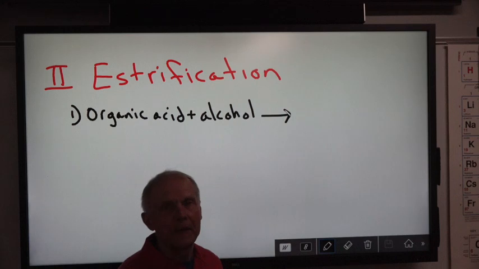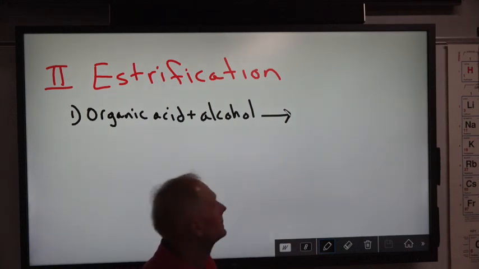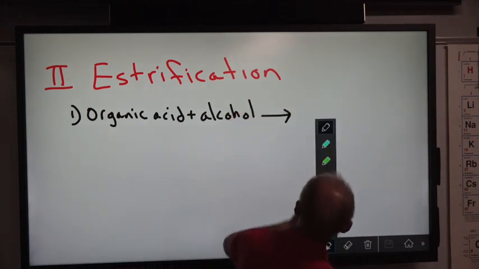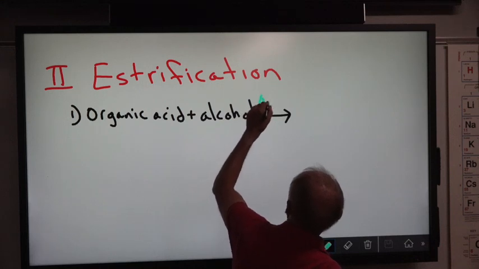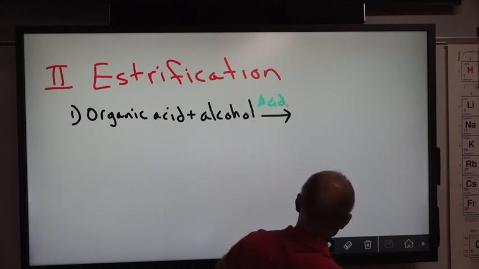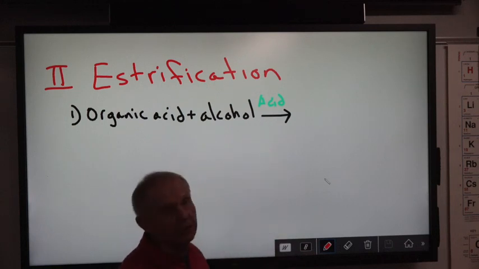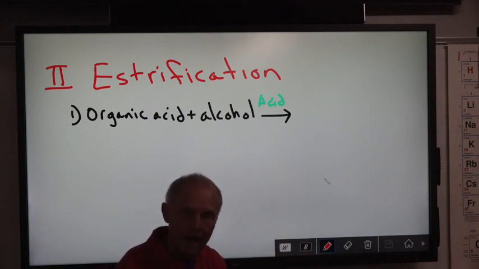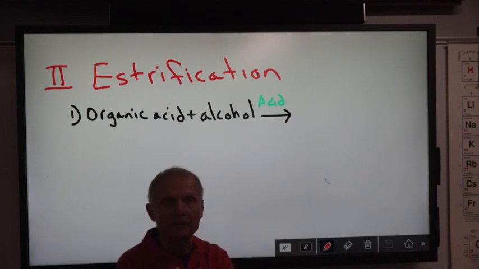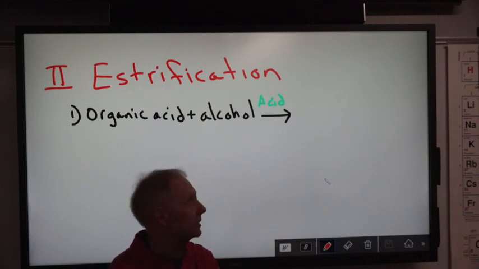You dehydrate it with an acid. And that is dehydration synthesis, so you take water out and you put the organic acid and the alcohol together to make an ester.